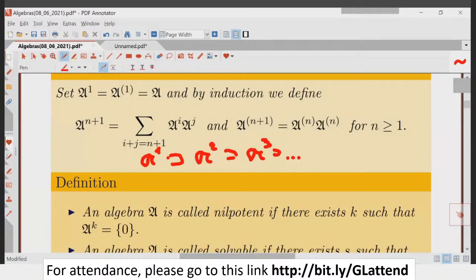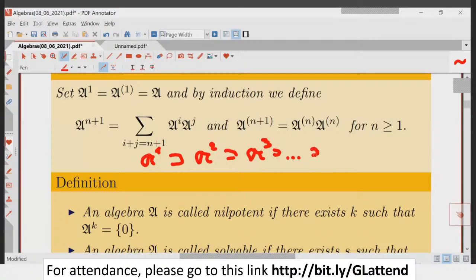In fact, somewhere you can get just equality, and further you will get only equalities. In that case, the algebra is not nilpotent. It is nilpotent if this series comes to 0.